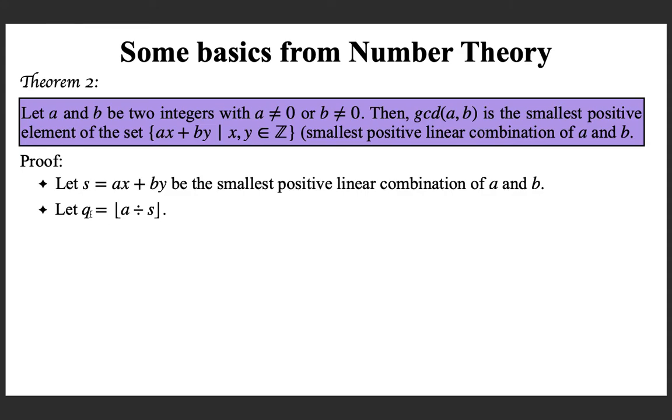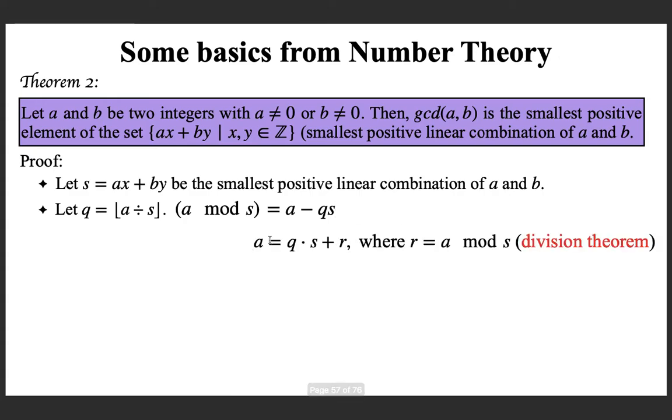And let Q be the quotient of dividing A with S. Then from the division theorem we know that the remainder of dividing A with S is nothing but A minus QS, because A is nothing but S multiplied by the quotient plus remainder. This is what the division theorem is telling us. So we are actually looking at the quotient of dividing A with S. Okay, then this is true.